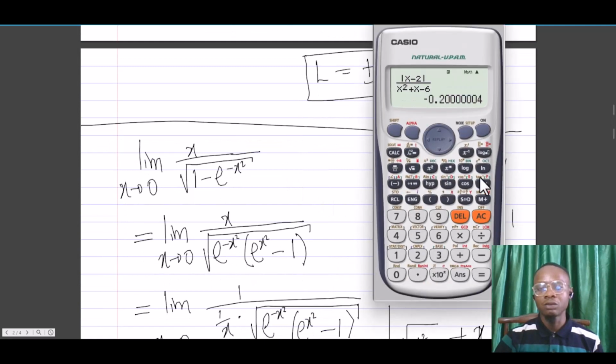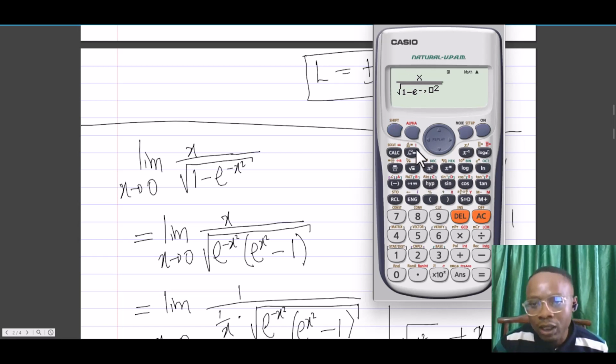So let's bring up our calculator, clear the screen. We have this x, that's alpha x, divided by the root of 1 minus e to the power minus x squared. Well, what did I just write?